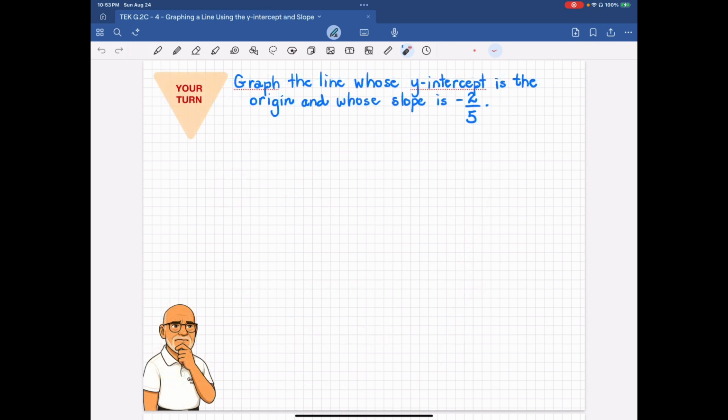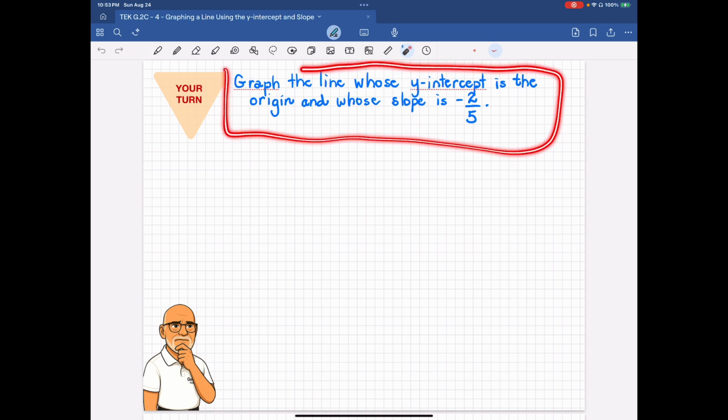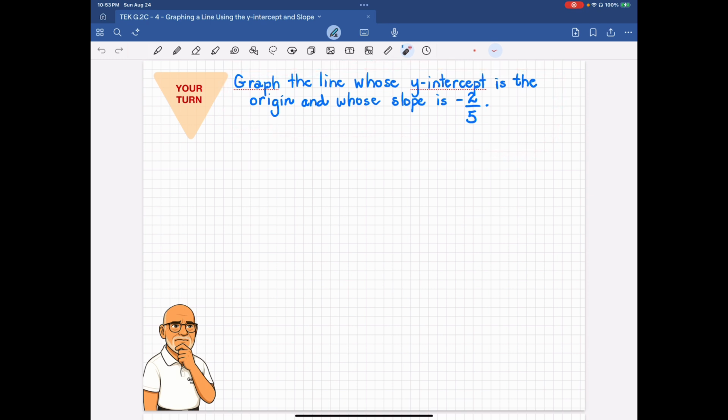Now it's your turn to take the lead. Let's see how you can apply what we have just learned. The instructions read, graph the line whose y-intercept is the origin and whose slope is a negative 2 over 5. Remember to show all of your work in your notebooks and be sure to box your final answers if you are able.